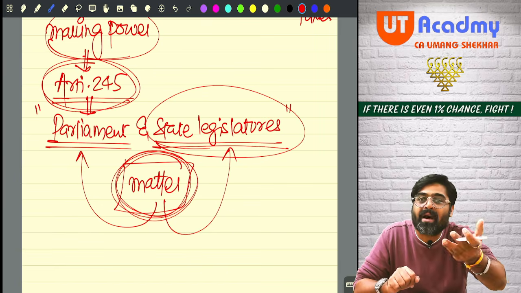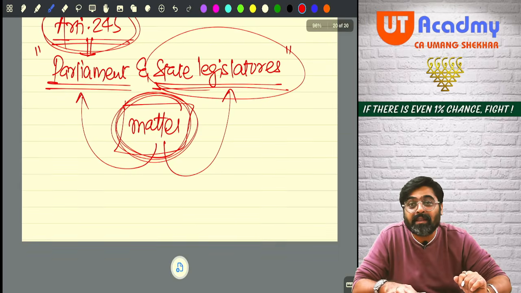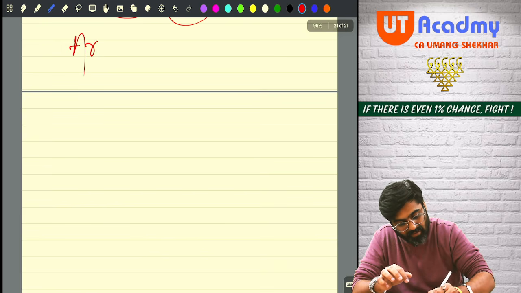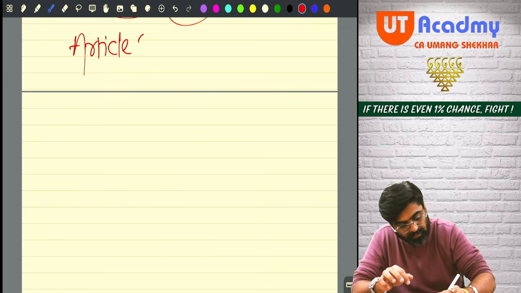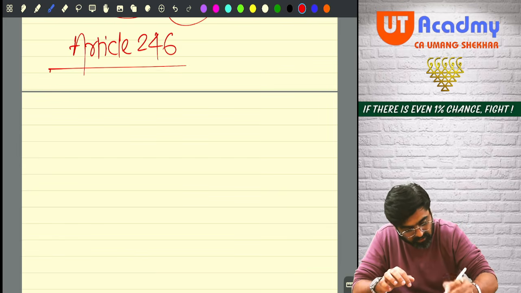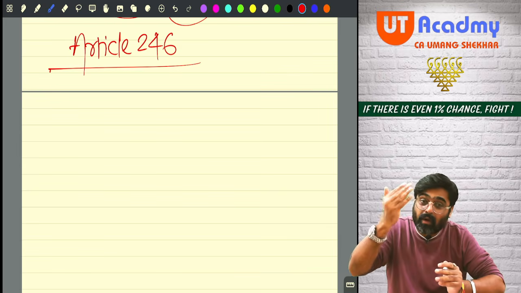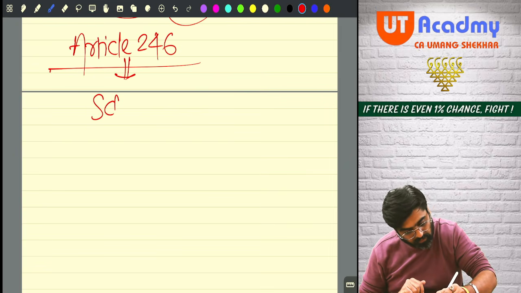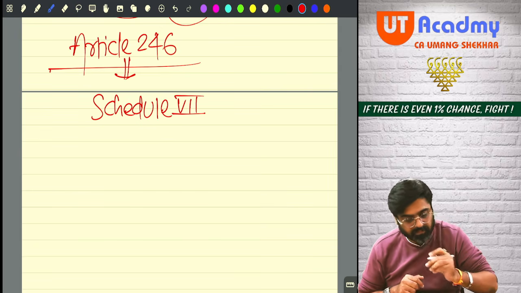So where is that demarcation given? That demarcation is given in Article 246. Now under this Article 246, there is one schedule, schedule number 7.